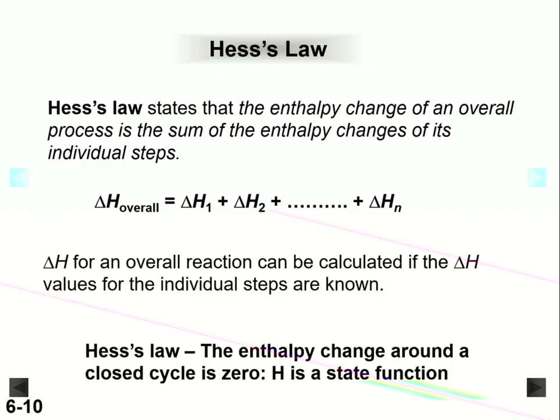So we're going to look at an example of a problem, and this problem can be sliced up some different ways, but there are more complex problems that we'll come across later on, particularly when we come to lattice energies for ionic compounds, where Hess's law becomes very important in what we call a Born-Haber cycle. Hess's law is used very regularly in research and development when you're looking at new materials and determining enthalpies of processes.